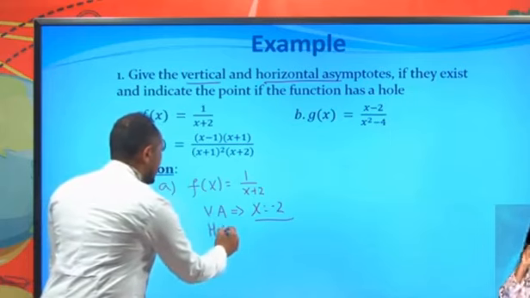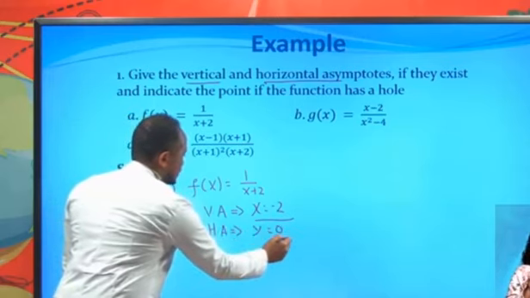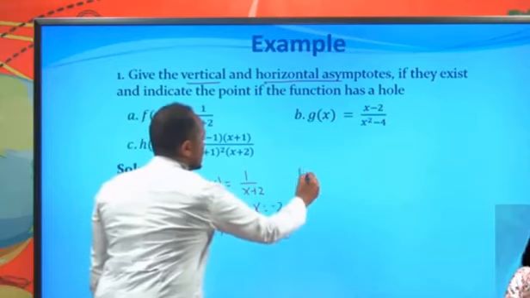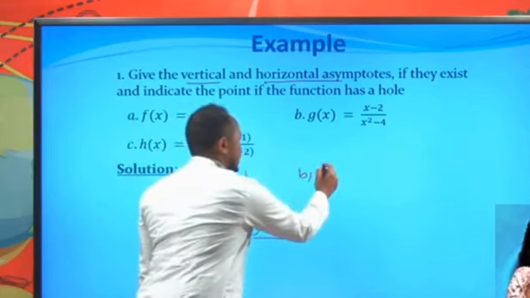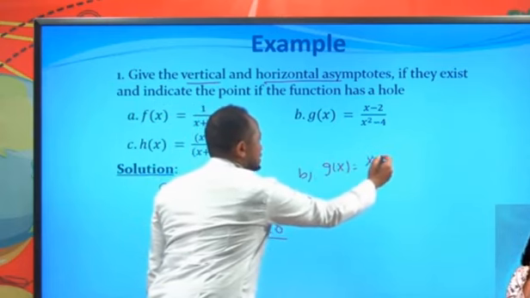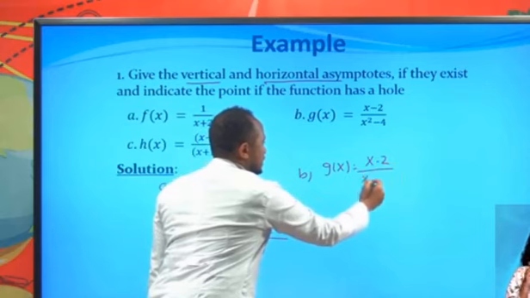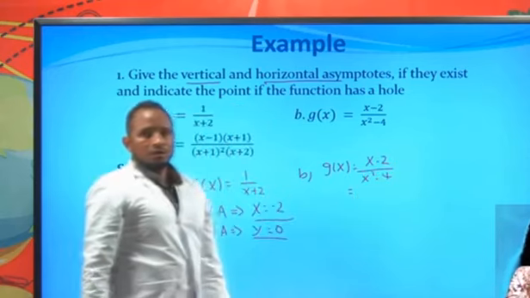When you further simplify, you will not have that factor there. Therefore, the graph has a hole at x equals 2.